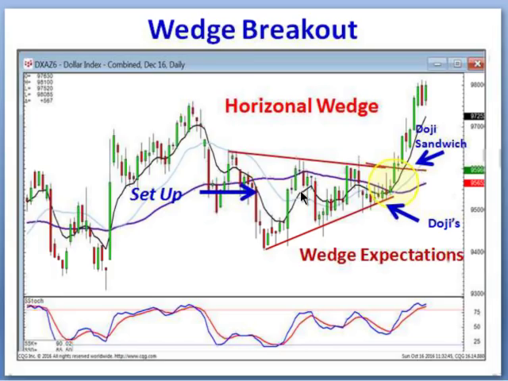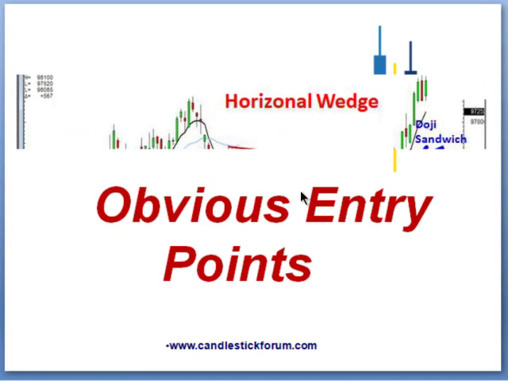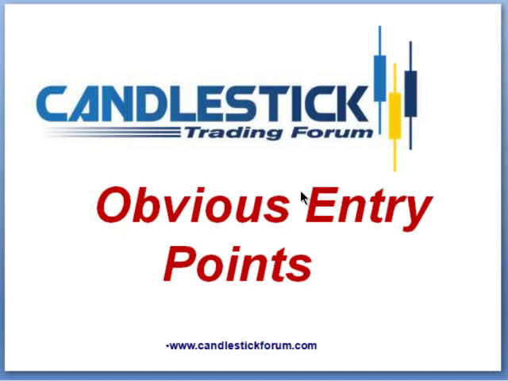But if you become an expert at 4 different top-ranked patterns, and you're aware of all the other signals and patterns, for example, if you're trading wedge breakouts and you understand what a doji sandwich illustrates, when you add those factors together, you're putting yourself in a situation where the probabilities of being in the right trade at the right time are greatly in your favor. So what we're trying to do is put you in situations where the obvious entry points allow you to make a decision.